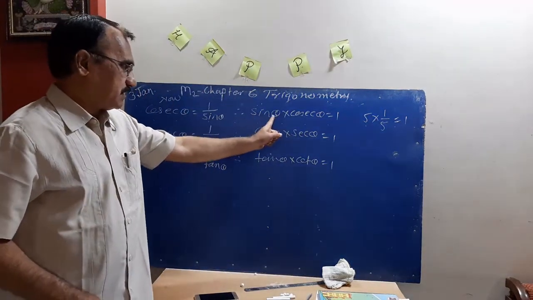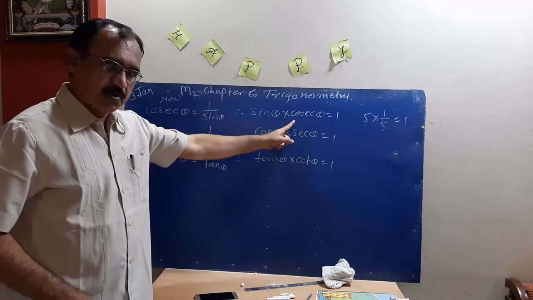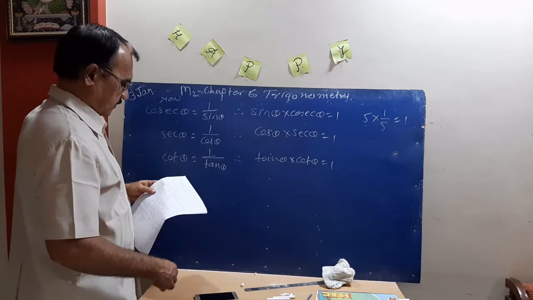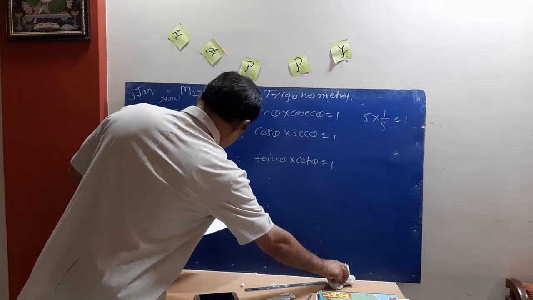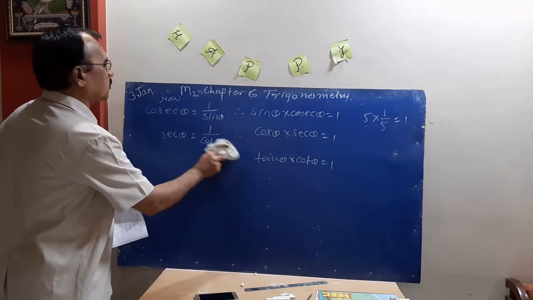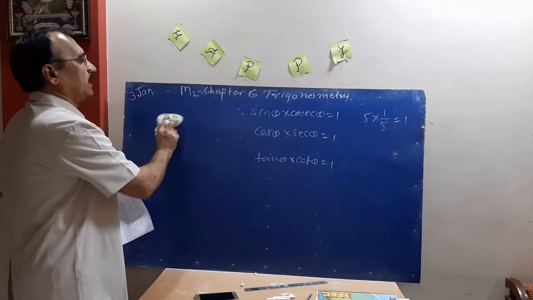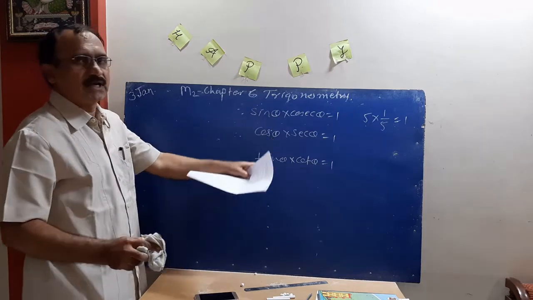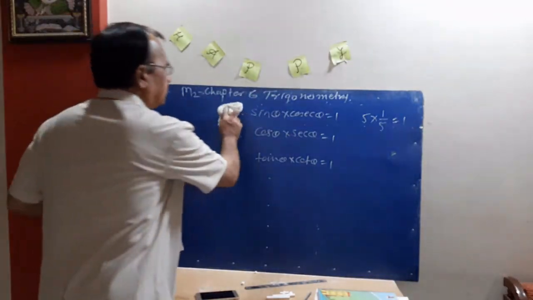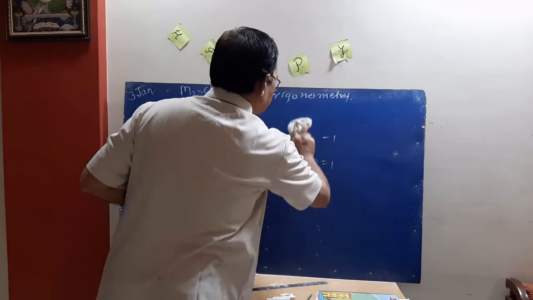Multiplication of sin theta and its reciprocal is 1. No problem, it is very easy. And therefore these are the reciprocals of sin, cos and tan. We can prove this also with the help of a right angle triangle.